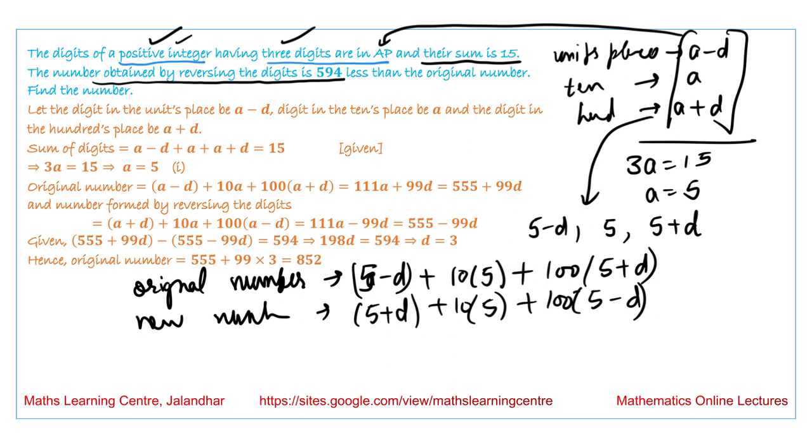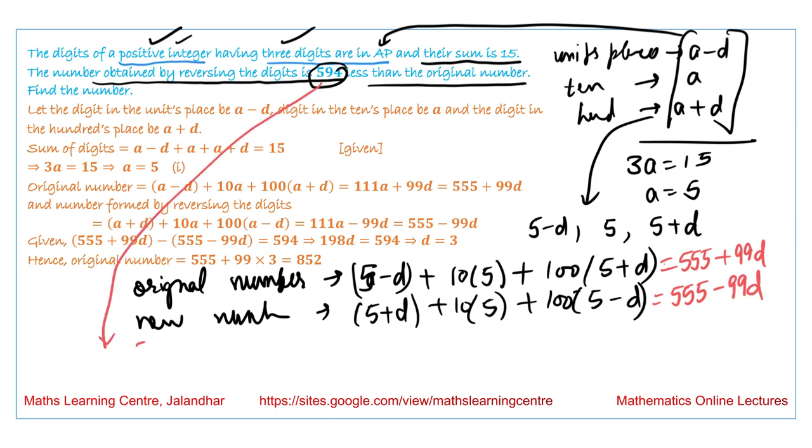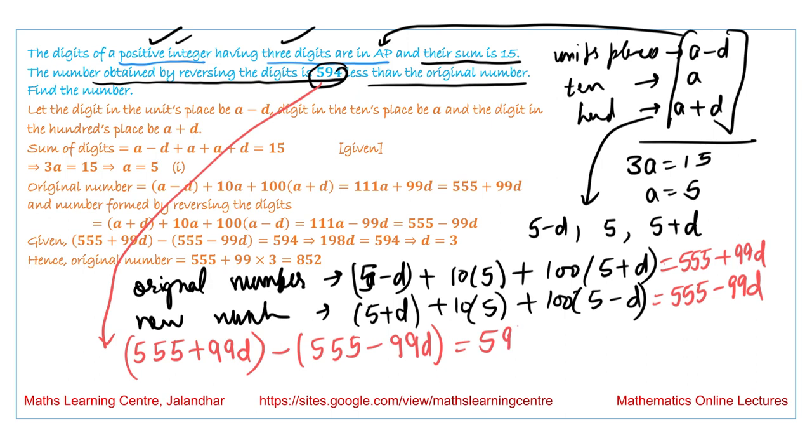We are saying the number obtained by reversing the digits is 594 less than the original number. First we calculate the values. On solving, the original is 555 plus 99d, and the new number is 555 minus 99d. From this condition, 555 plus 99d minus 555 minus 99d is equal to 594.